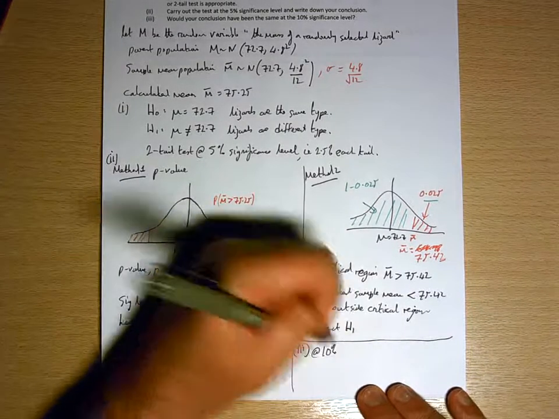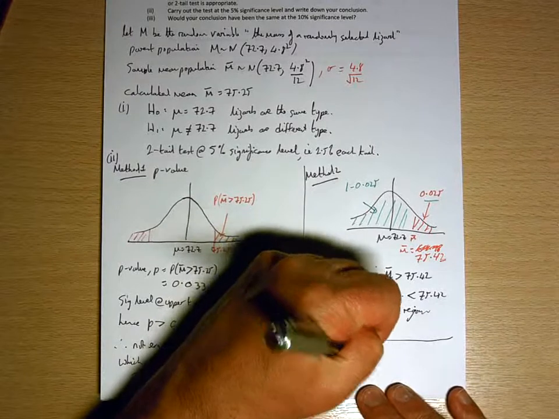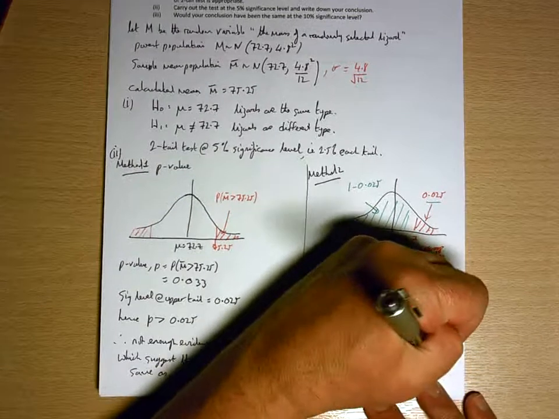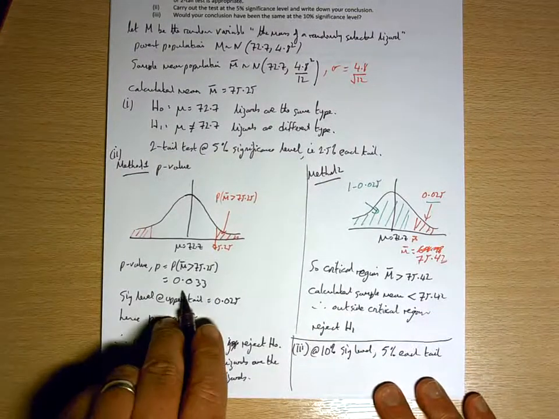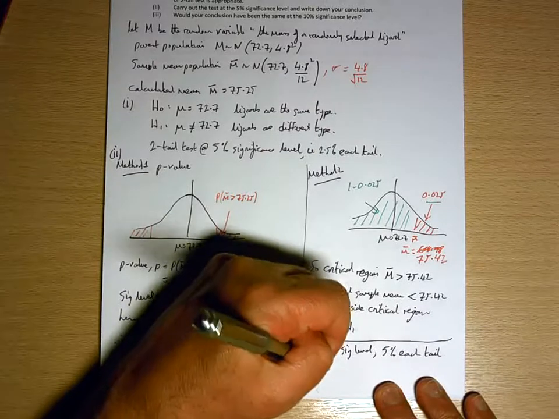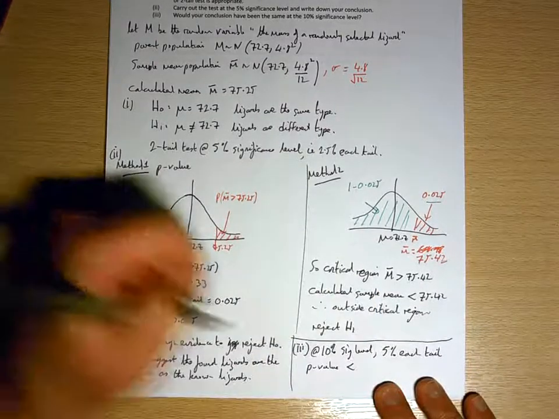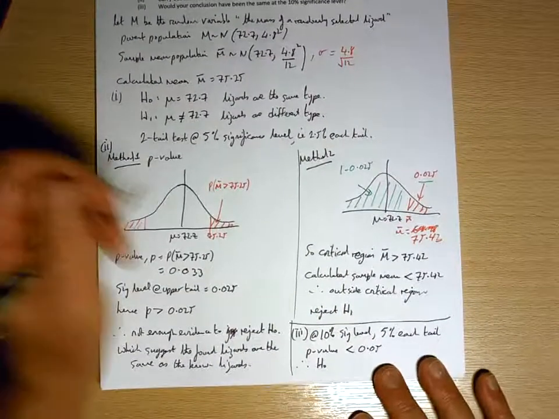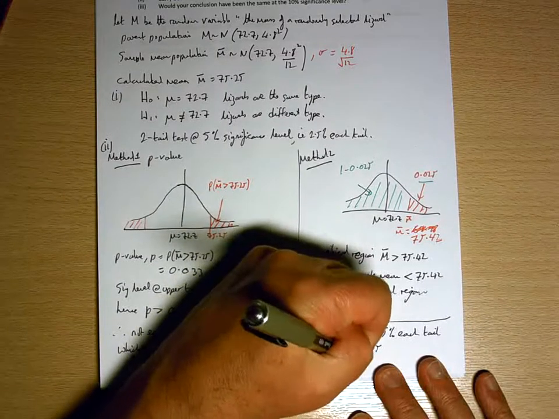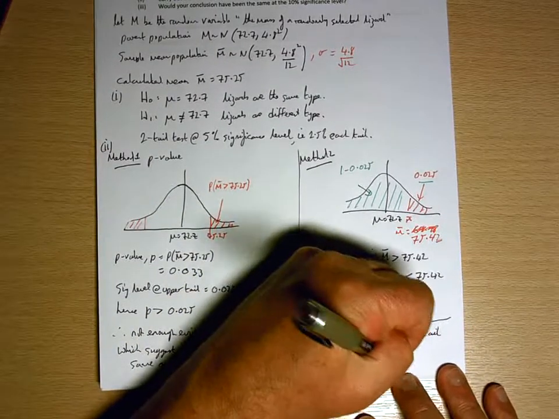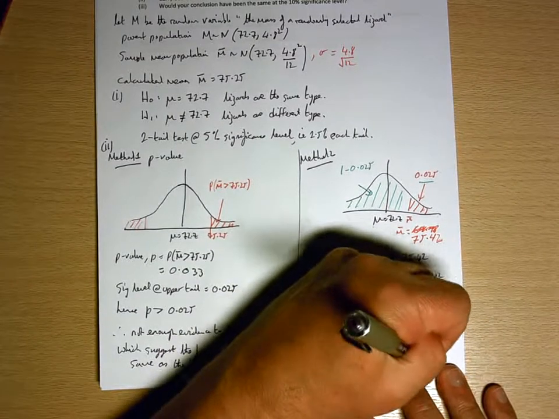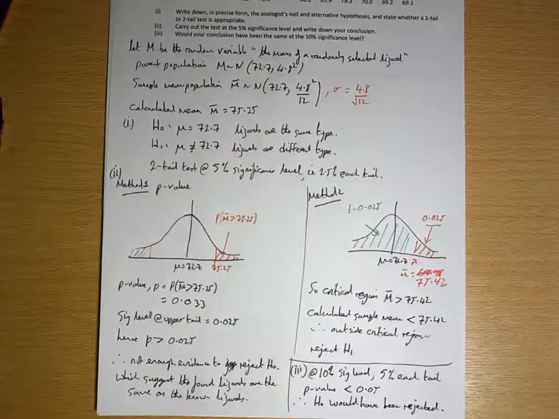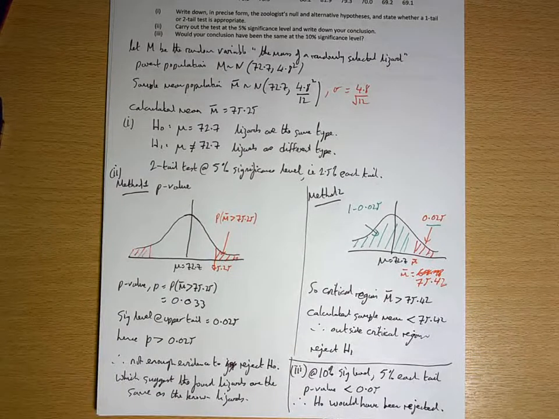So at 10% significance level, 5% each tail, our p-value is less than 0.05, therefore H0 would have been rejected. So that was the 5th example.